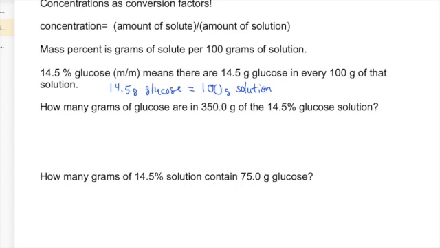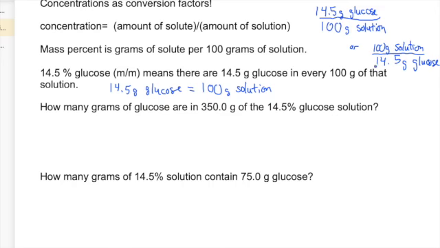So you can write the concentration as a relationship this way and use it as a conversion factor. The two conversion factors that are possible are these two over here, with the solute on top or with the solute on the bottom. So these are the two possible conversion factors that you can have given this relationship. Remember, any relationship can be written two ways as a conversion factor.